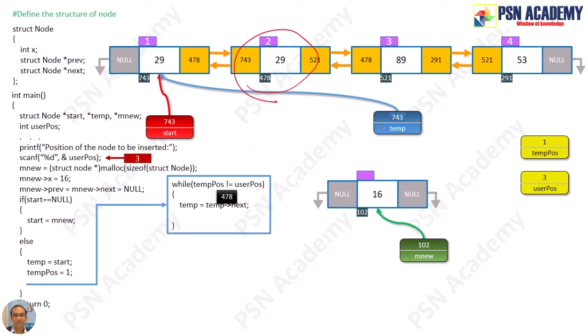So we want the temp to point to this 478. So it goes like this, right? Now we should not forget to increase the temp pose because temp has moved to the next node from where it was before. So temp pose equal to temp pose plus 1. Right? So temp pose is now 2.